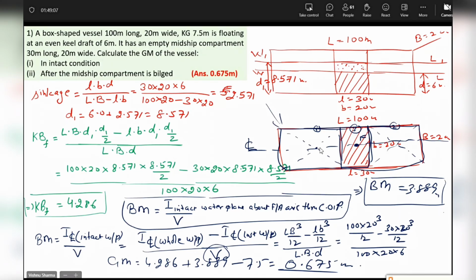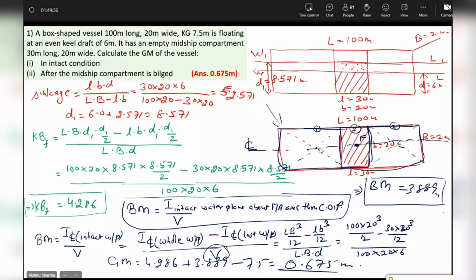Okay, so that is the prerequisite. If the water plane area in the bilged condition is identical, that means wherever it is intact, wherever it is bilged, lost, whatever it is, it is exactly identical from keel to the final water line. In that case, your KB will be D1 by 2, because the volume is made of water plane areas.